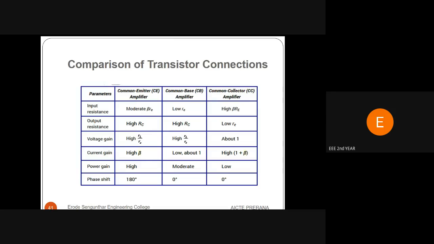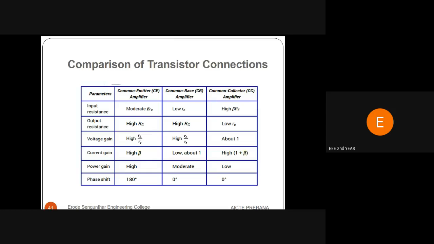Current gain of common emitter configuration is high, common base configuration is low, common collector configuration is very high. Next parameter is power gain. The power gain of common emitter configuration is high, common base configuration is moderate level, common collector configuration is low.